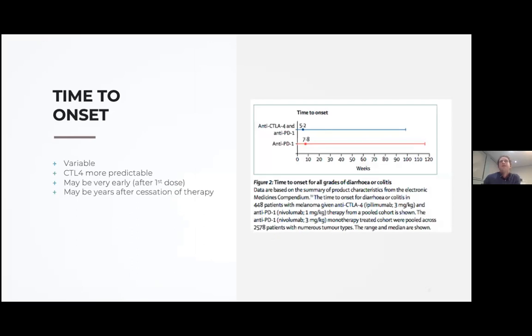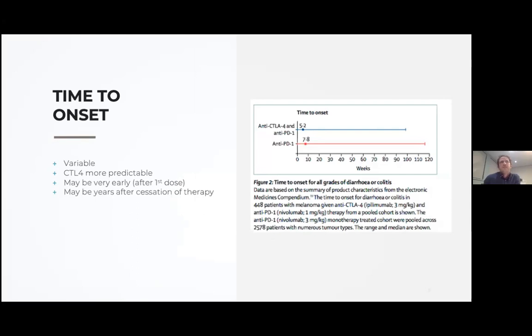There are some slight differences in expected time to onset of symptoms or adverse events with the different classes of immunotherapy. The anti-CTLA4s are more predictable, and they were classically seen between 4 and 7 weeks, which is typically between the second and the third dose.